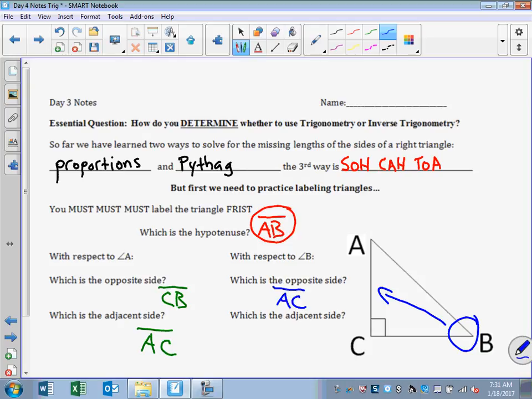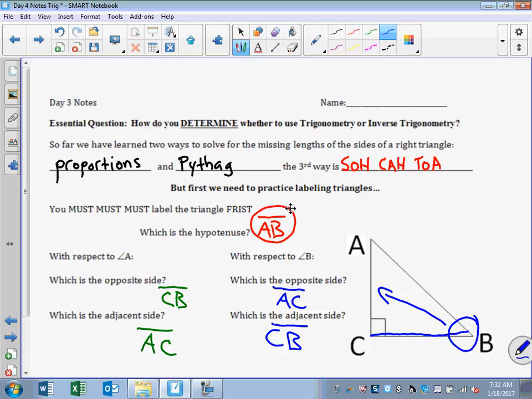Again, it asks us which side is adjacent. And again, we already said that AB is the hypotenuse, so it can't be AB. That just leaves CB. And CB has angle B in the name. It's touching angle B, it shares angle B. So that's how you figure out which side is the adjacent side.